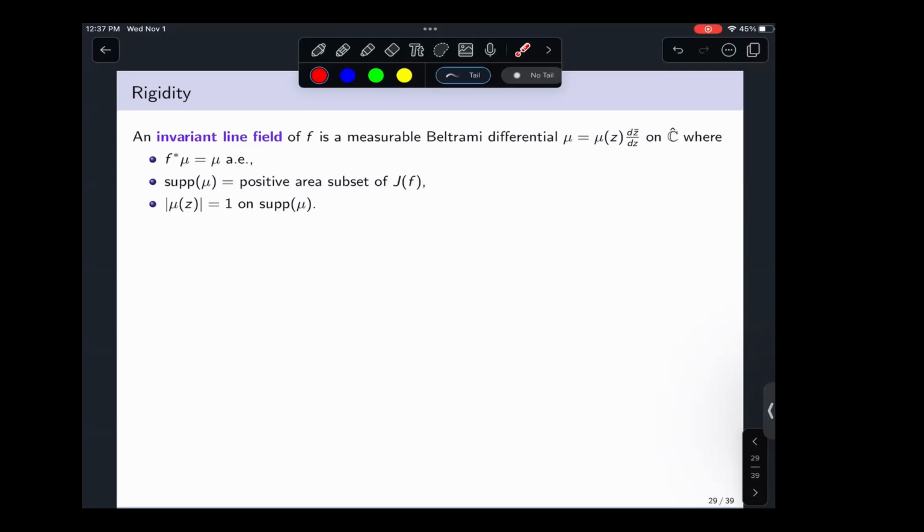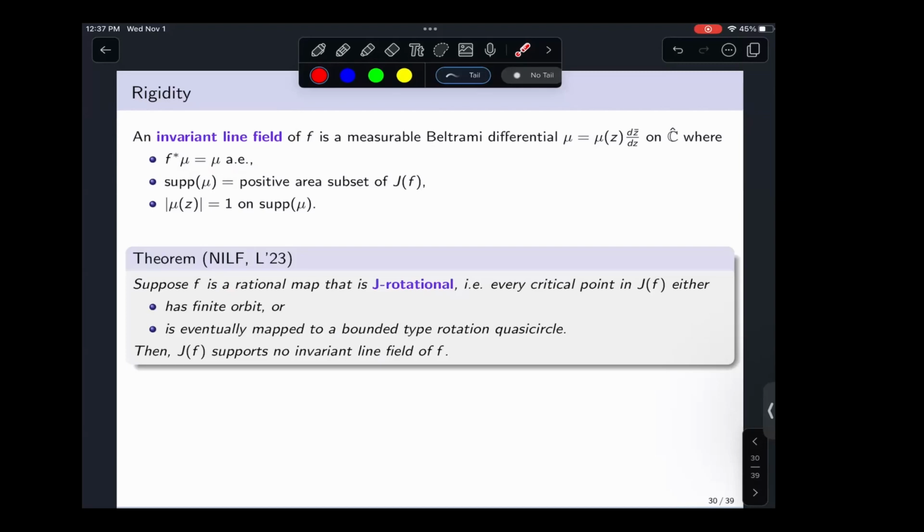So historically, we care about invariant line fields because this is very much connected to studying the deformation space supported on the Julia set of rational maps. So when we talk about rigidity of rational maps, we care about the absence of invariant line fields. We don't want invariant line fields to exist. And so the rigidity results that I stated before actually follow from a more general rigidity result, and this only has the following assumption.